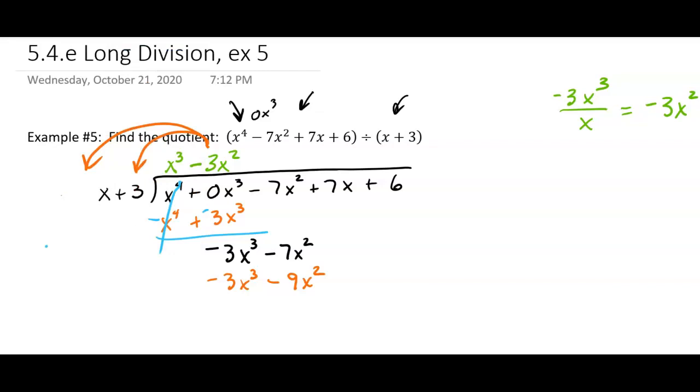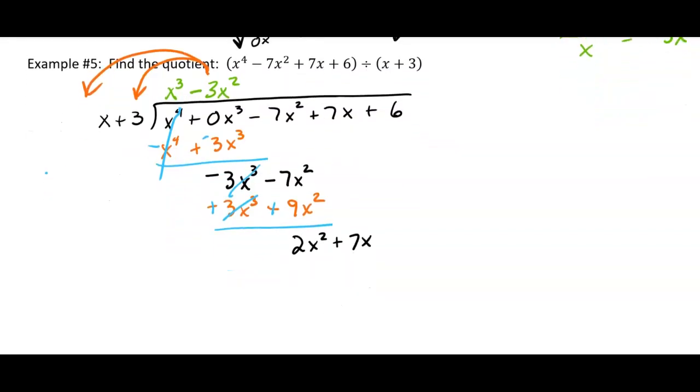And the reason I change the signs is because it's subtracting. So this is going to become positive, and that's going to become positive. All right, negative 3x cubed and 3x cubed, those cancel out. Now I have negative 7x squared and a positive 9x squared. That's going to give me 2x squared. And then I bring down the next term.